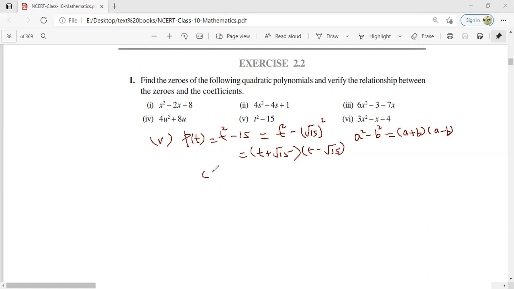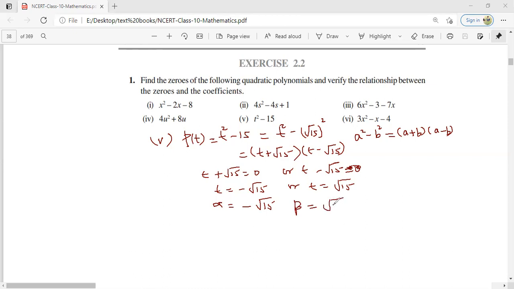Now equating to 0: t plus under root 15 is equal to 0, or t minus under root 15 is equal to 0. So t is equal to minus under root 15 or t is equal to under root 15. So we got alpha and beta: alpha is minus under root 15 and beta is under root 15.